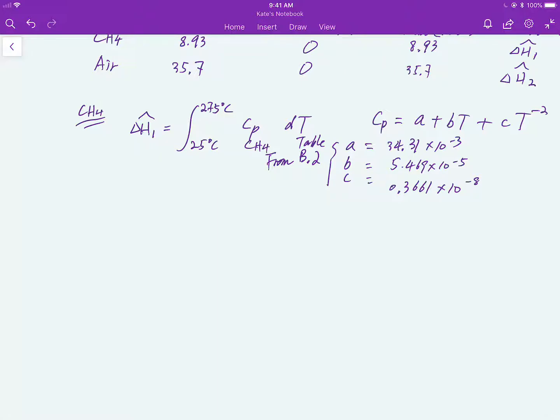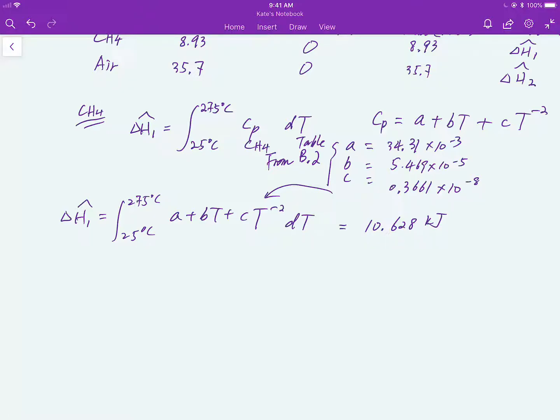And using the TI-84, I can calculate the change of specific enthalpy from 25 to 275 degrees. Again, write down the equation, dT, and substitute the constants into this equation, and I got 10.628.